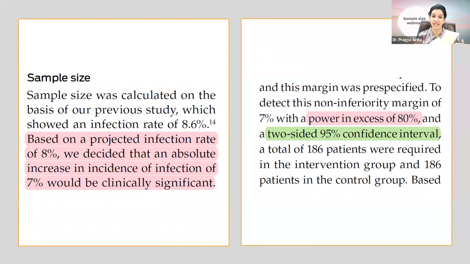But you can at least say that this will have an increased infection rate, and if it is only increasing by 7%, that is clinically not significant. So you are keeping the non-inferiority margin at 7%, because even with an increase of 7%, considering all those logistic issues, you can still propose that for minor surgery, one can use the non-sterile gloves.